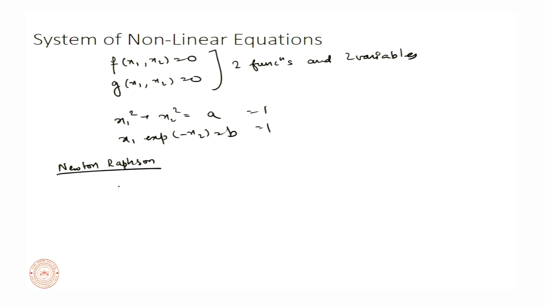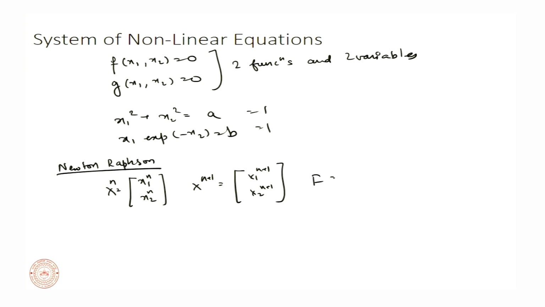How to do this? Now there are two equations. Let's say that we have our x as a set of x1 and x2 for iteration n, and x of n plus 1 will be x1 and x2 for the n plus 1 iteration.